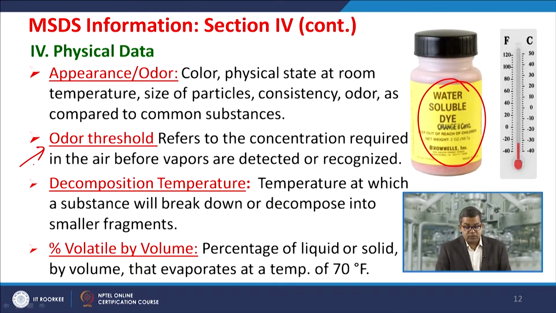Percentage volatile volume, the percentage of a liquid or a solid by volume that evaporates at a temperature of 70 degrees Fahrenheit. Now this particular temperature should be mentioned because sometimes it is mentioned in degrees Celsius or sometimes in other units. So be careful about these units.